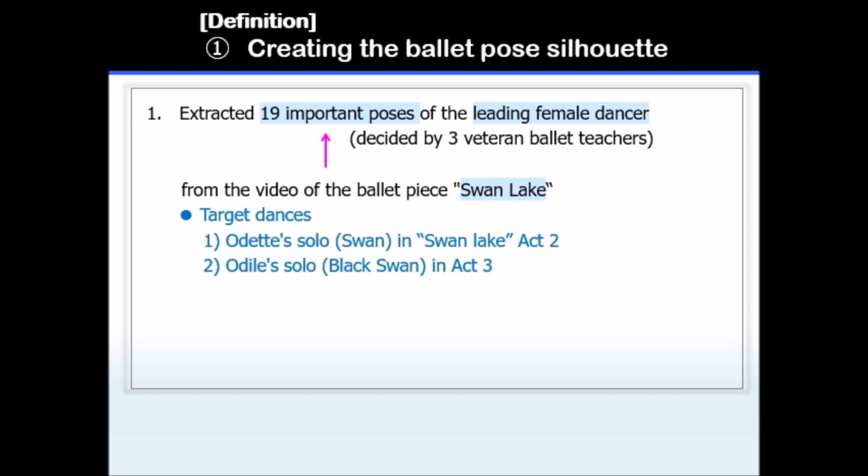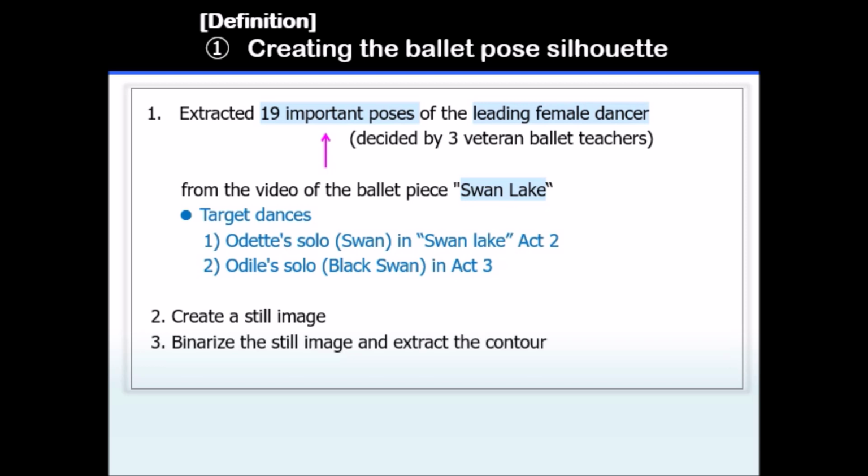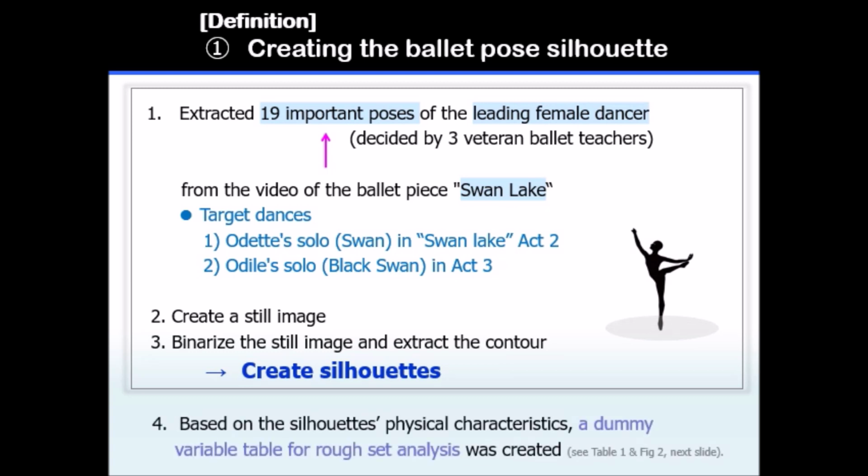They are from Act 2 Odette's solo as Swan role and Act 3 Odile's solo as Black Swan role. The silhouette image was created by binarizing the still image of the extracted pose. Based on the silhouette's characteristics, a dummy variable table for rough set analysis was created.